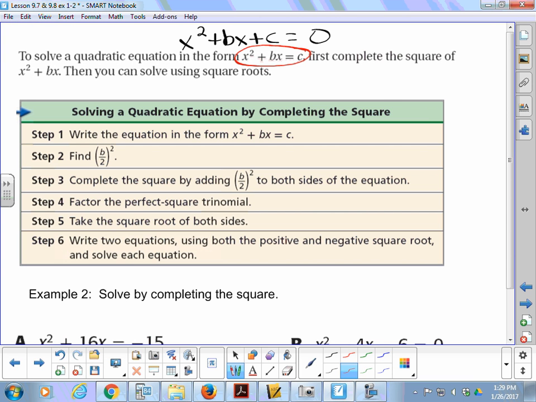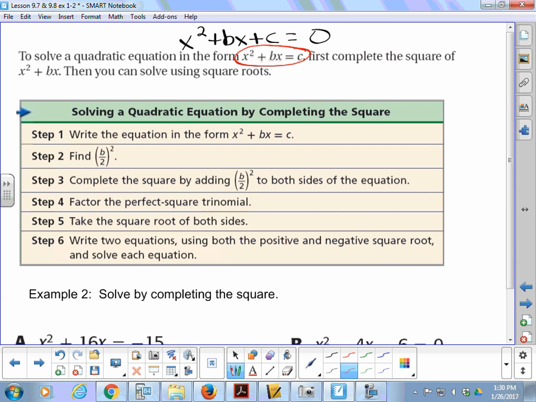The constant is going to go on the right-hand side because we're going to complete the square on the left-hand side to solve the equation. So we write the equation in the form x squared plus bx equals c. We're going to find b over 2 squared so that we can complete the square. And when we do that, we have to add it to both sides of the equation.